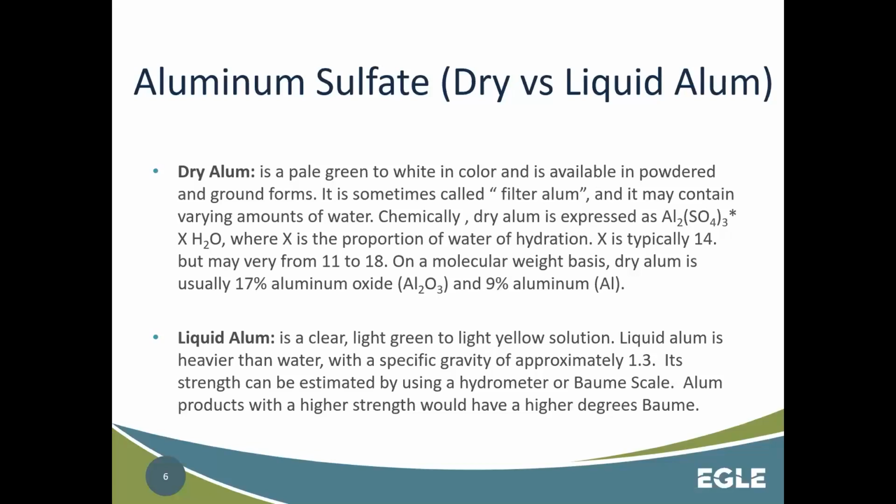You'll remember for specific gravity, water has a specific gravity of 1, so 1.3 is going to be heavier. The strength of liquid alum can be estimated using a hydrometer or a Baumé scale. You'll see Baumé scales for acid too. Alum products with higher strength would have higher degrees of Baumé.